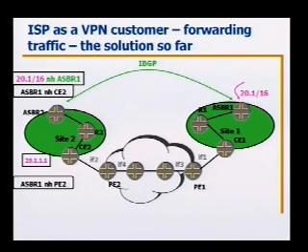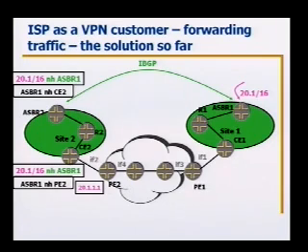CE2 is also going to have a route for 21/16 with next hop ASBR1, because you remember we have a full mesh of IBGP. And he has a route for ASBR1 with the next hop of PE2, because that's where he learned the route from. So the traffic arrives at PE2 on the link that PE2 associated with VPN green.